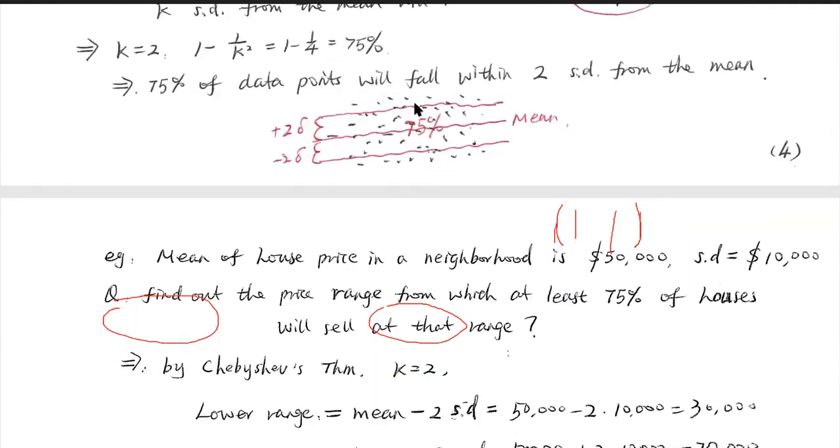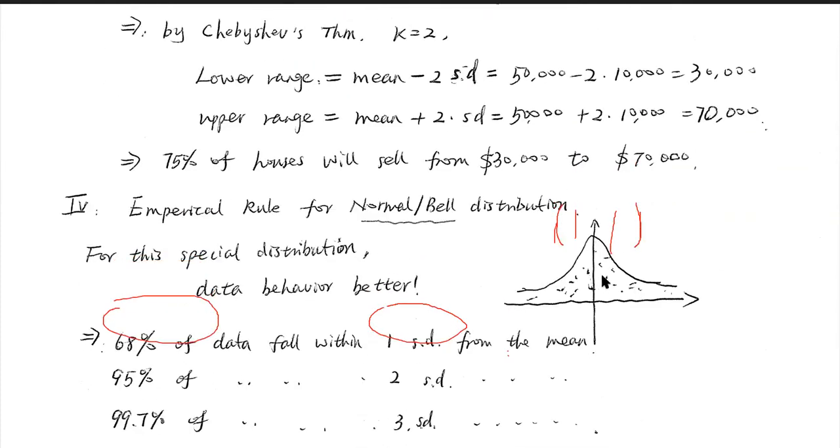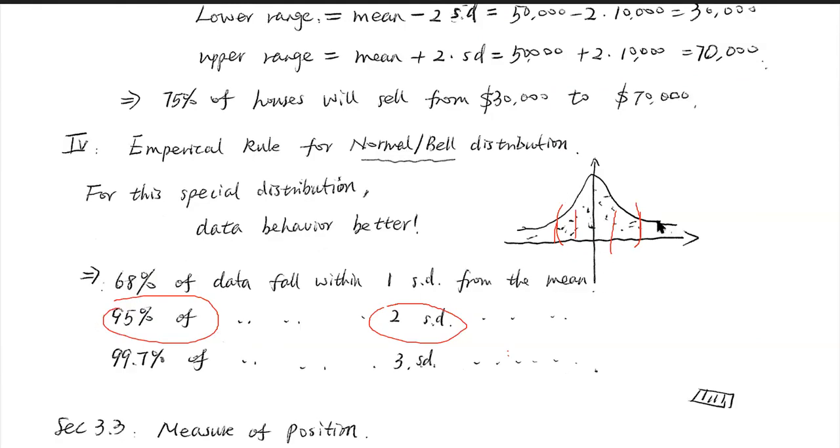You see, 75 applies to any data sequence, okay? But for some more centralized data sets, it could be higher. If it's 3 standard deviations away, if you remember the calculation we did earlier, that corresponds to at least 88.9%.